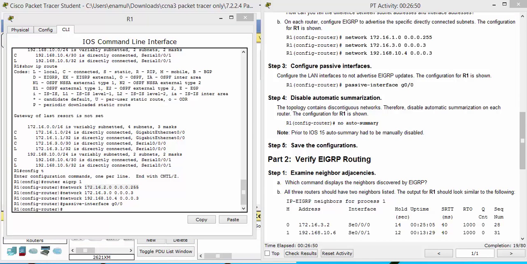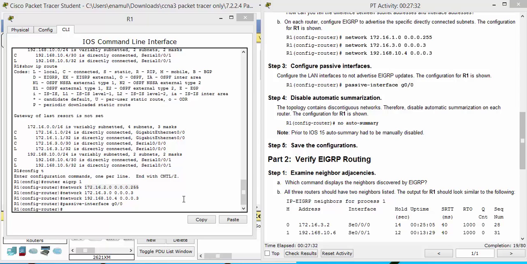In some situations, you may want to disable EIGRP from sending and receiving hello packets on a particular interface. However, you may still need that network, which the interface is connected to, to be advertised through the routing domain. A great example of this would be disabling EIGRP hellos on a link that goes from a distribution switch to a layer 2 access switch.